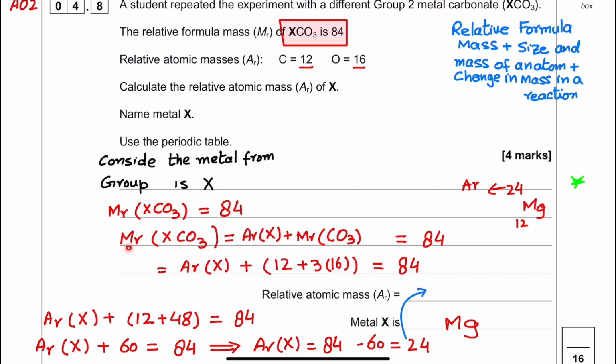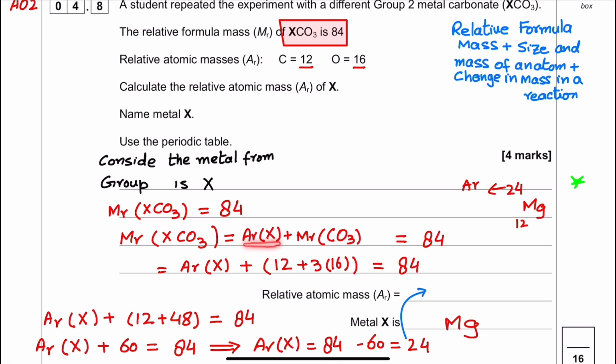And we know that Mr is actually the sum of atomic masses of all the elements present in the compound. So I use relative atomic mass of X plus Mr of CO3. We know that relative atomic mass of carbon is 12 and relative atomic mass of oxygen is 16. So we use these values here.